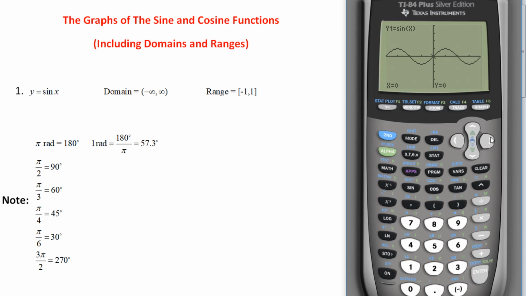Okay, so let's trace this. Okay, so you can see there at the top, I get to 90 degrees on the x-axis, and I go up 1 unit. So at 90 degrees, and if I talk about radians, I would do pi over 2, I get a maximum value.